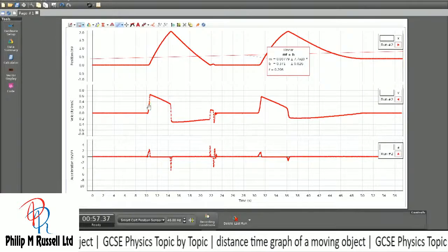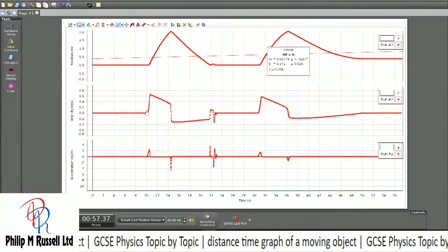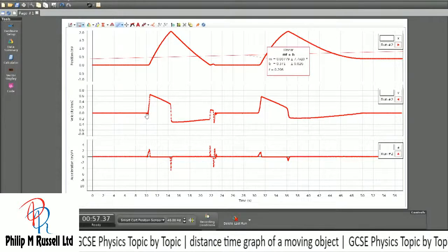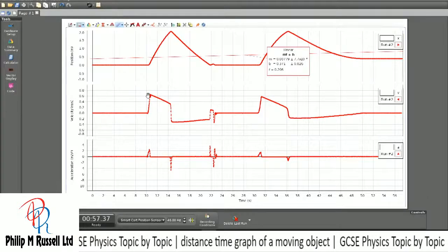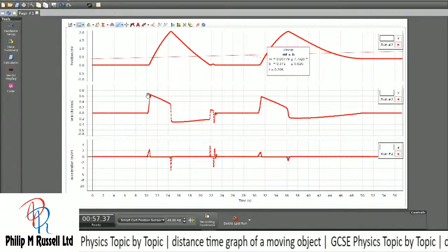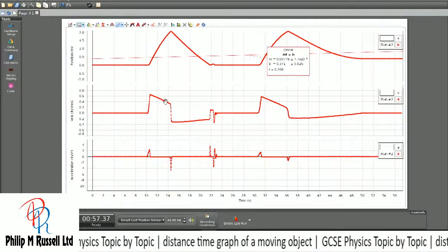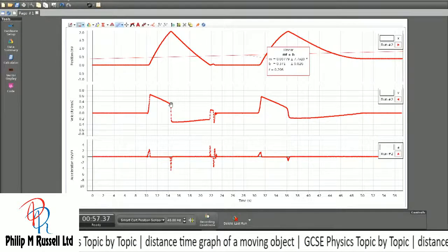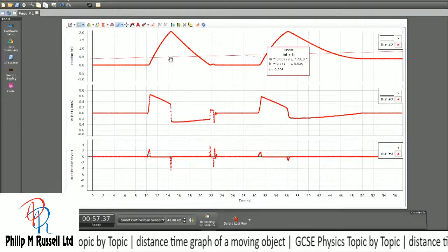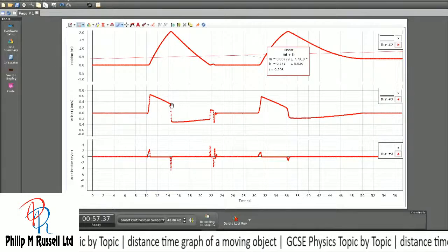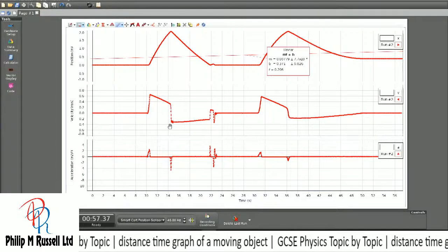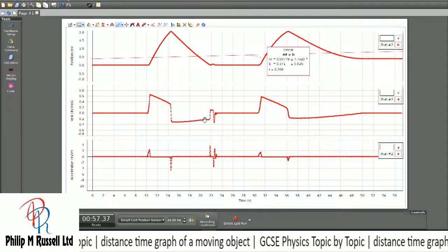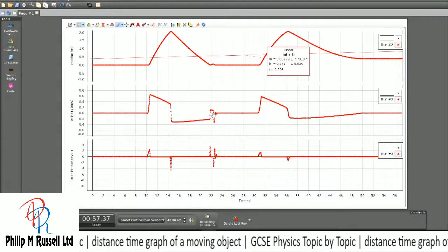Looking at what's happening at the same time, let's look at the velocity. It's not moving. We had an enormous increase in velocity, very sudden, and then this is slowing down. The velocity is gradually decreasing, then it hits the bumpers at this point. It suddenly goes from going one way to going in the other way, and it continues to slow down until it hits the bumpers at the other end.